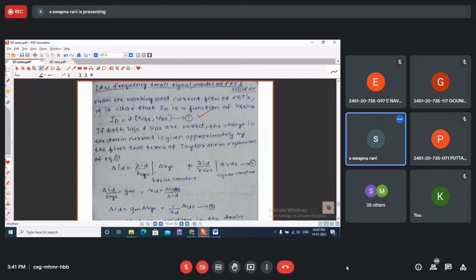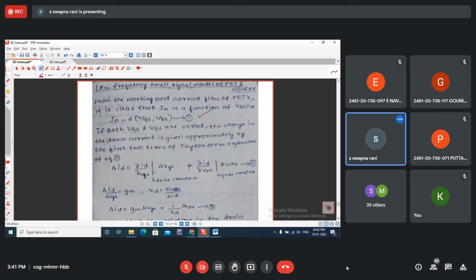Now, if VGS and VDS both are varied at a time, then the drain current is given approximately by the first two terms of the Taylor series expansion.